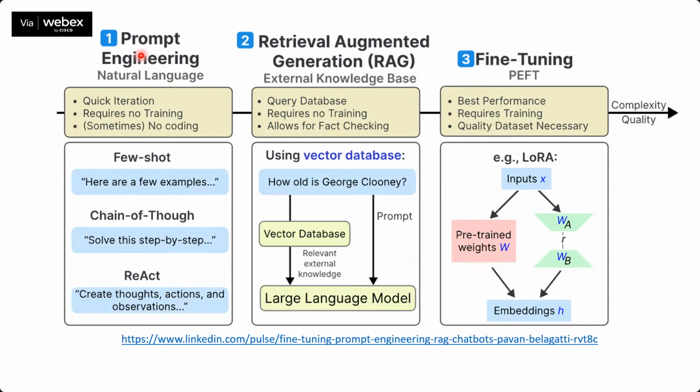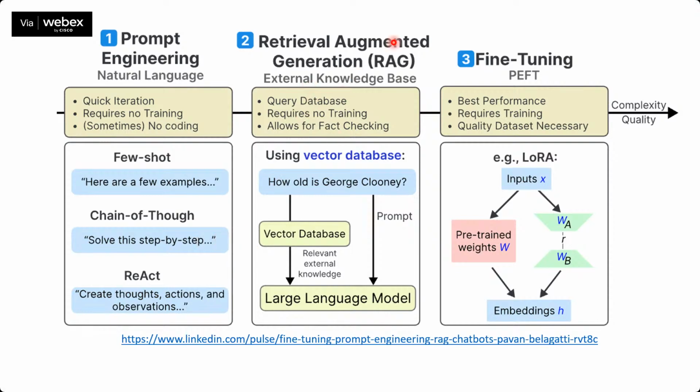So the first method is prompt engineering, where you design the prompts. We don't have time to go through each of these in detail, but you have something known as few shot prompting, one shot prompting, zero shot prompting, etc. So you give certain examples. Then there is something known as chain of thought, where you provide a step-by-step process by which you ask the LLM to respond to you.